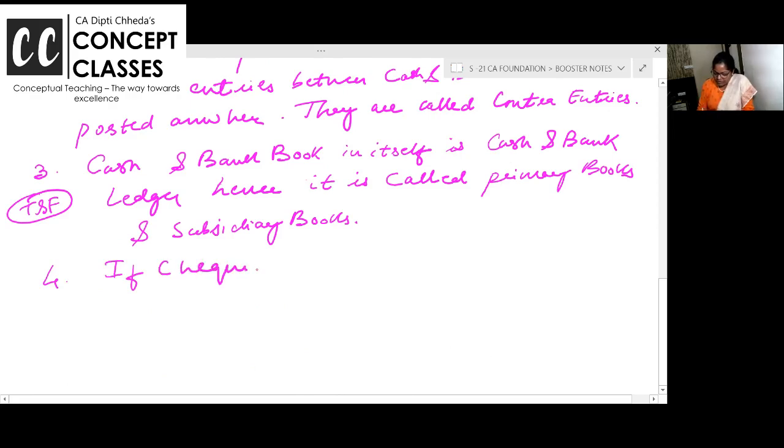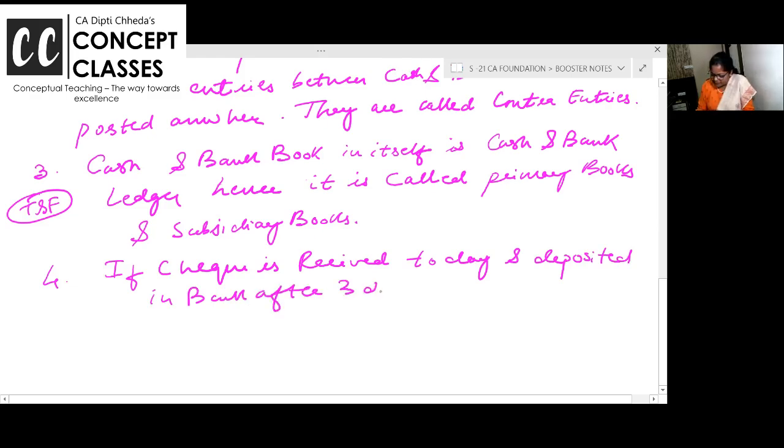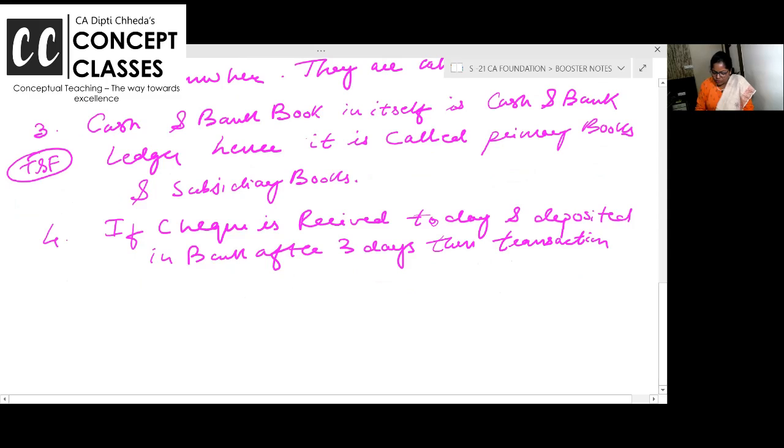If check is received today and deposited in bank after 3 days, then the transaction should be routed through cash book.